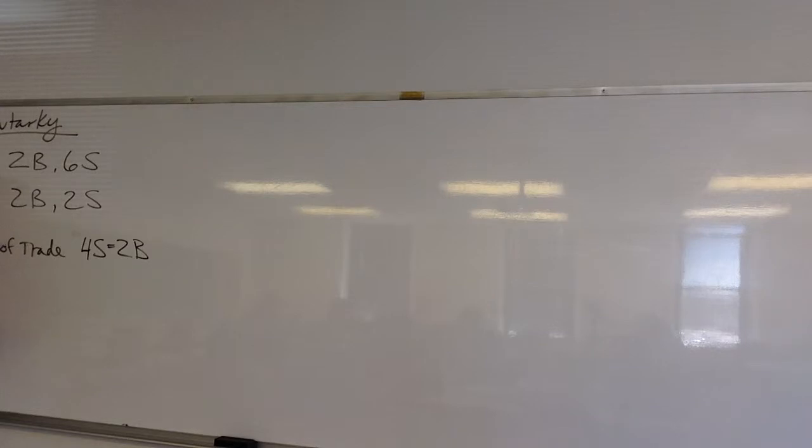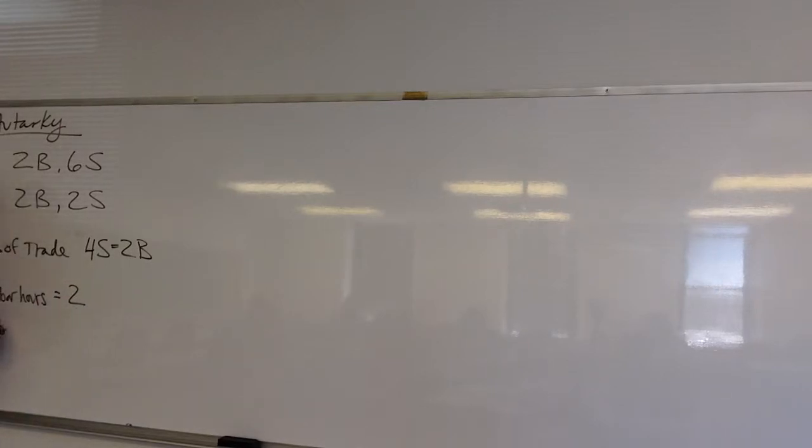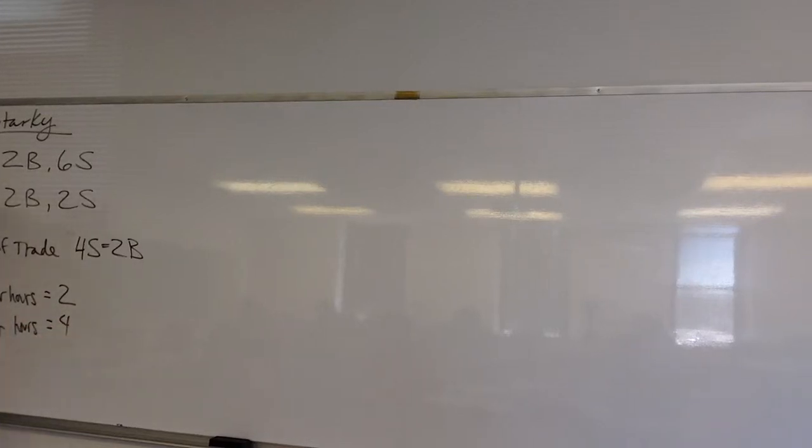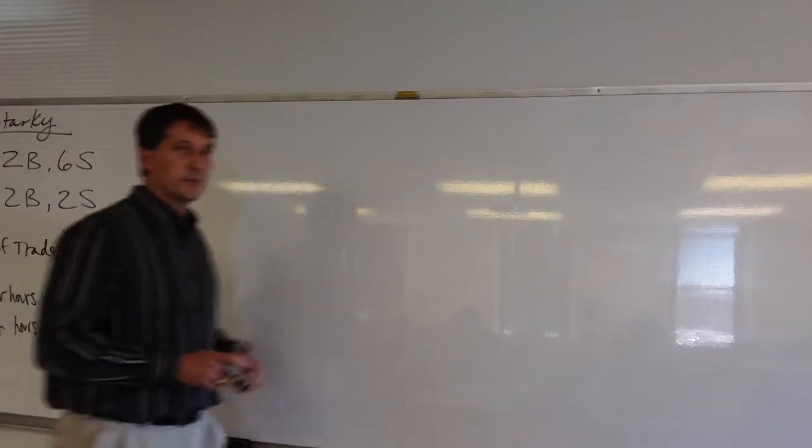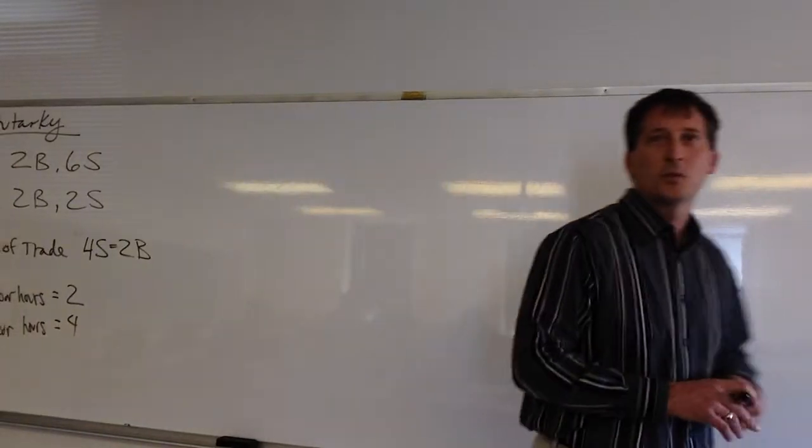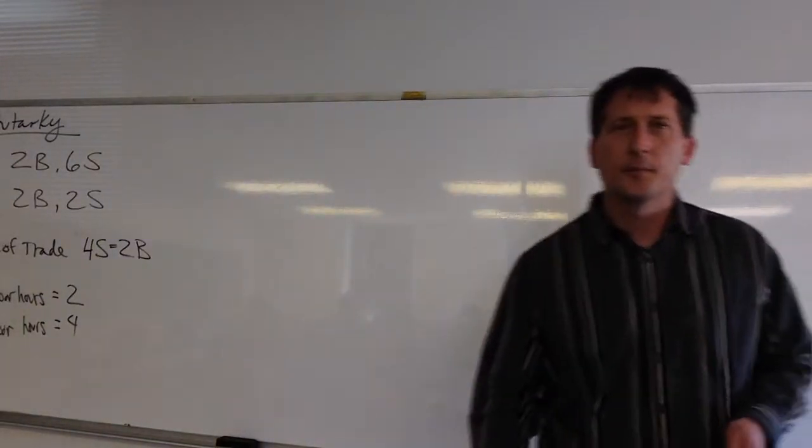So north labor hours equals 2, and the south labor hours equals 4. So they have double the endowment.